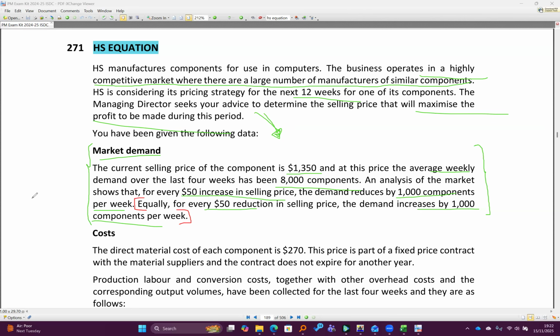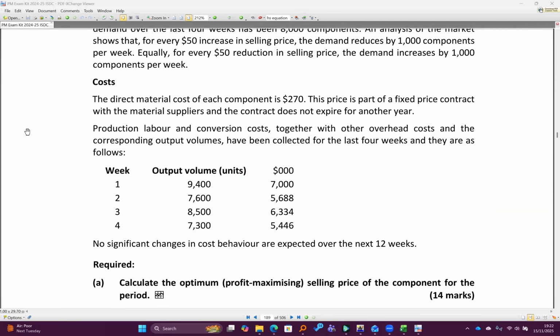And then, of course, when it comes to the costs, they are saying that each component is 270 for the direct material. It's part of a fixed price contract, and the contract does not expire for another year. So it means that we have this price locked in for the direct materials.